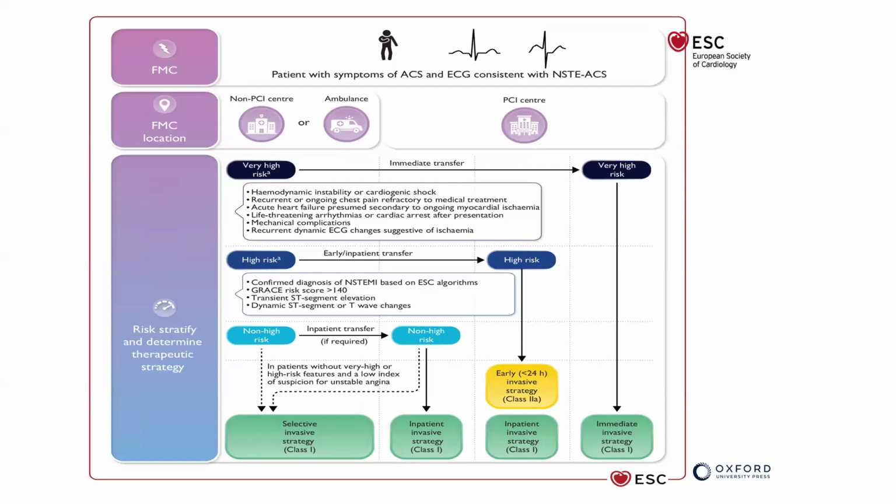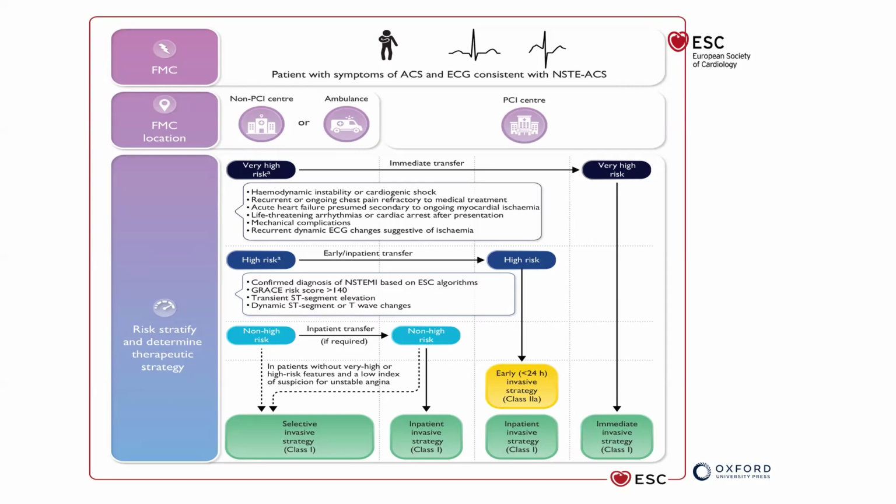Now, with respect to non-ST acute coronary syndrome or a non-STEMI, if you make the diagnosis, the decision to intervene is dependent on risk stratification. If your patient is very high risk, which is defined as hemodynamic instability or shock, recurrent ongoing chest pain refractory to medical treatment, acute heart failure, presumably from ongoing ischemia, and mechanical complications, then this patient is essentially like a patient who has had a STEMI.